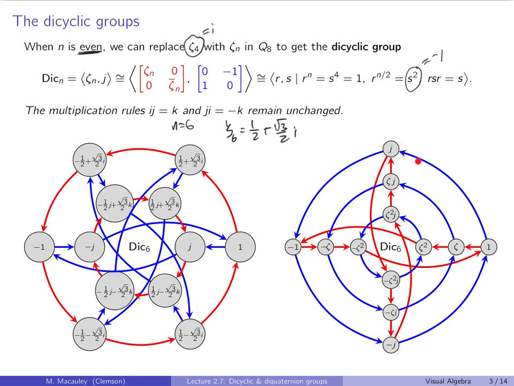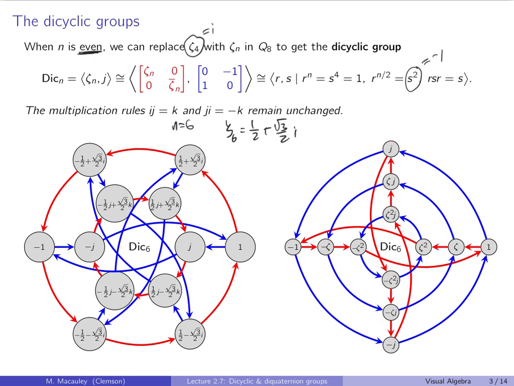So if you go blue, blue, -1. If you go, this element is red, blue, -1. This element is red, red, blue, -1. And similarly down here, you can go red, red, backwards, blue, red, backwards, blue. All of these things have order 4.